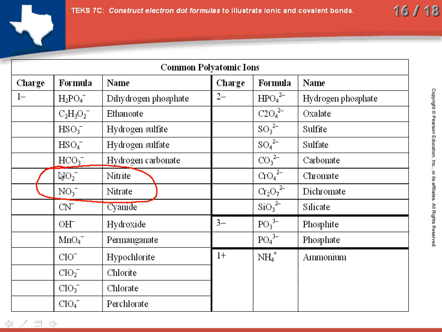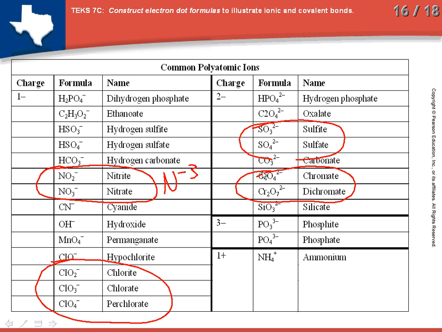Two completely different ions, one's NO2, one's NO3. And nitride would be N3-. Here's another one: chloride, chlorate, perchlorate. Sulfite, sulfate. Chromate, dichromate. You need to pay attention to the names listed and the elements within the formula, or you'll mess it up.